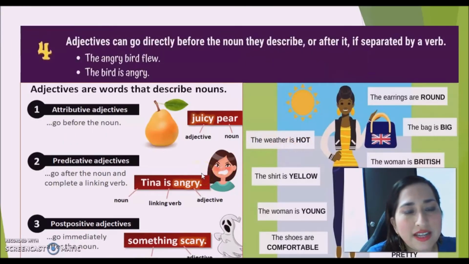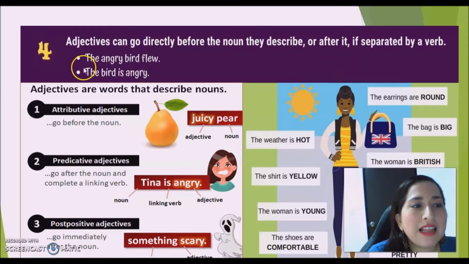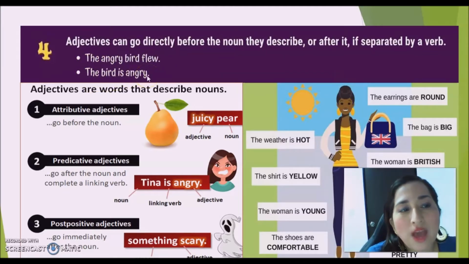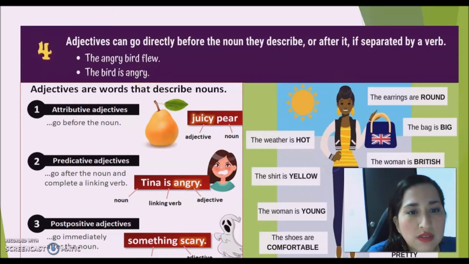Adjectives can go directly before the noun they describe or after it, separated by a verb. Let me show you some examples. The angry bird flew. The bird is angry. So, adjectives describe nouns, and these adjectives can go before the noun, as in this case.